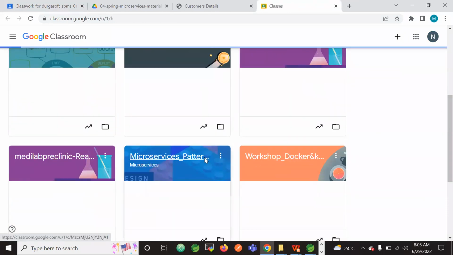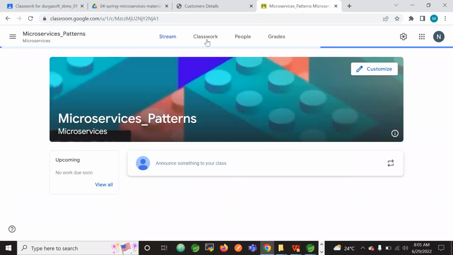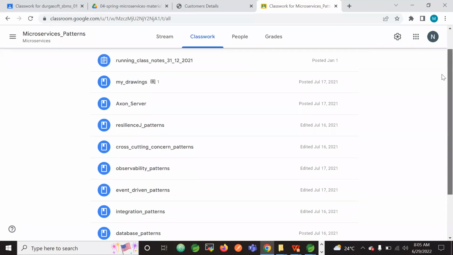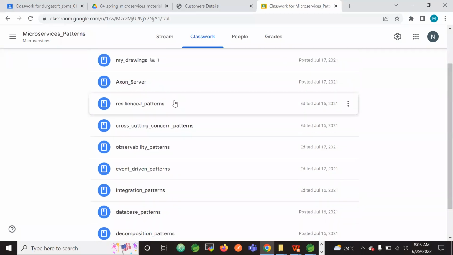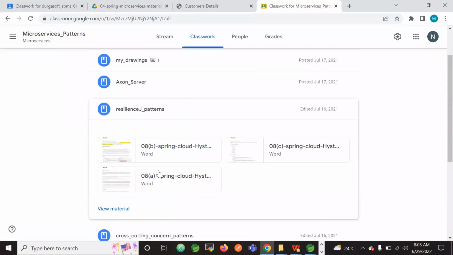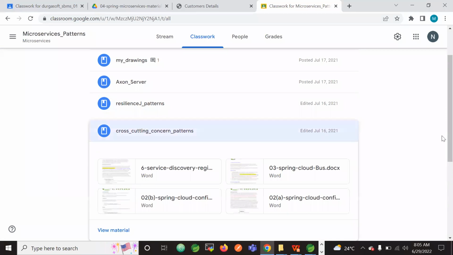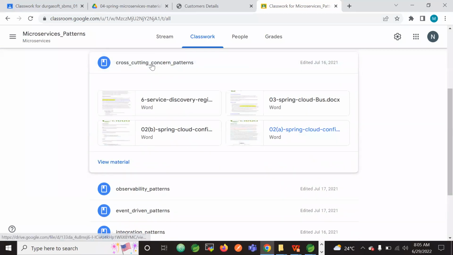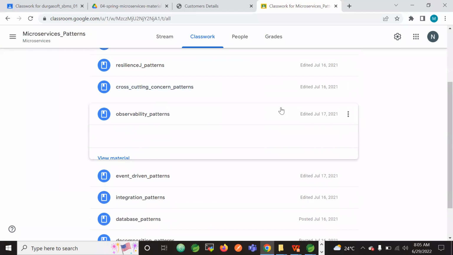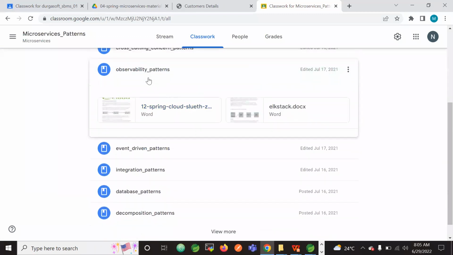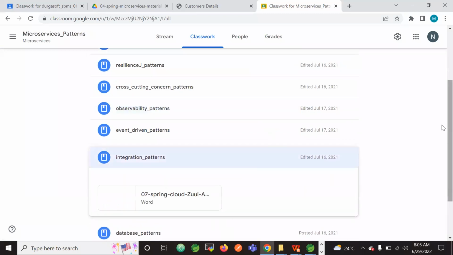A lot of material I have already uploaded. You will just be provisioned to this Google Classroom. See, Resilience4J patterns. Everything is given, and cross-cutting concerns. What are the cross-cutting concerns? Observability patterns, right? What is observability, and then the integration patterns.